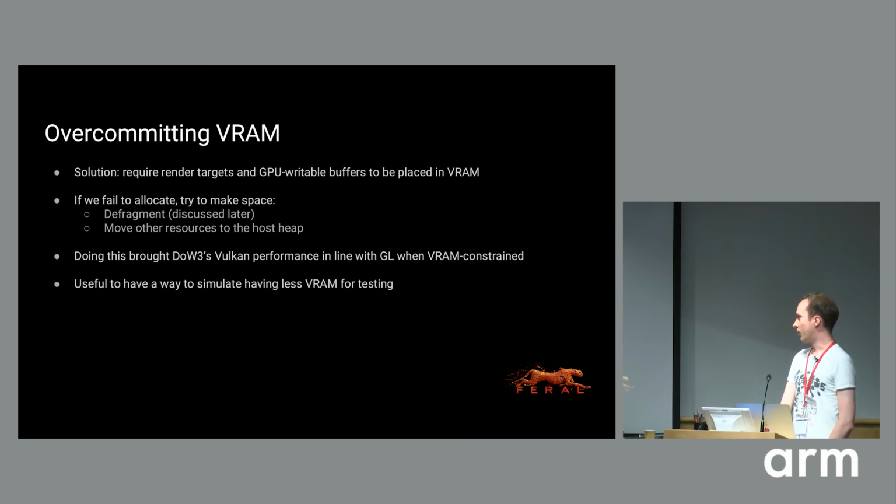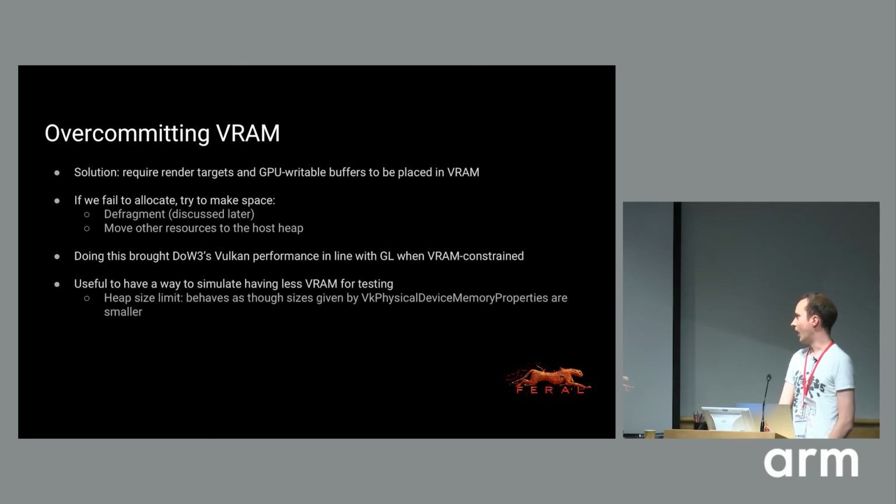One thing we found while implementing and testing all of this was that it was useful to have a way to simulate having less VRAM available, so we didn't have to physically swap out a GPU to test the behavior on different amounts of VRAM. We added two types of limit.